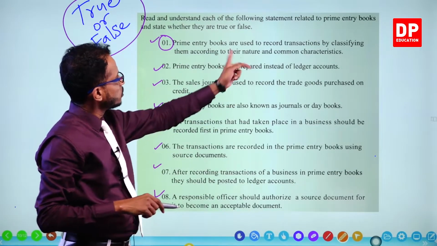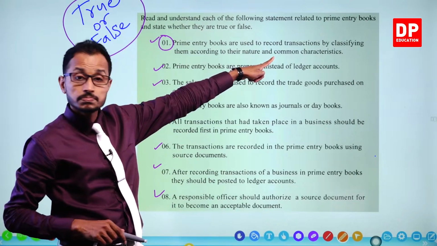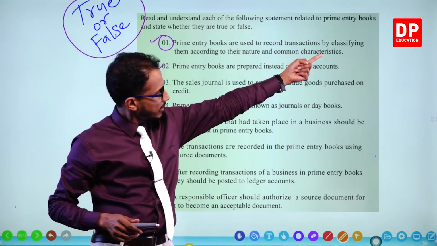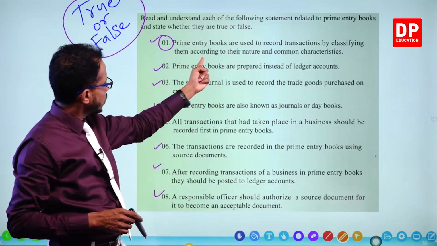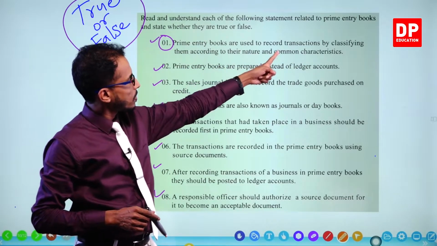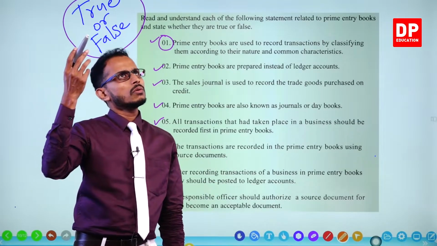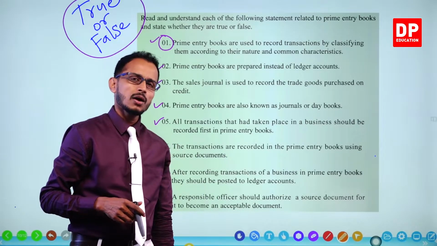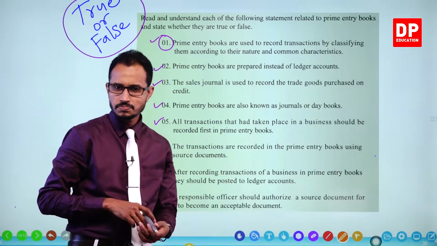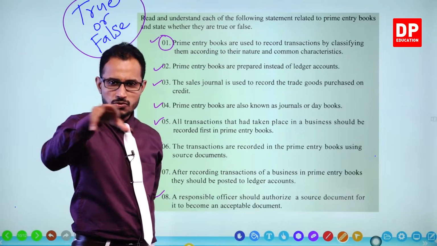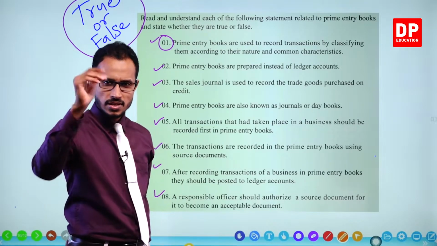Prime entry books are used to record transactions by classifying them according to their nature and common characteristics. Okay. Now you should be thinking, who can tell me whether this is true or false? Can you?